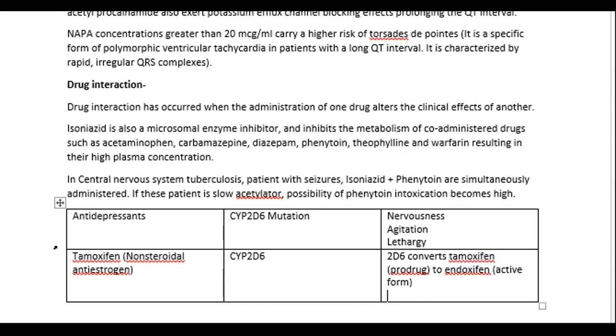If there is a mutation in CYP2D6, then it can't convert tamoxifen into endoxifen, which is the active form, leading to lower drug efficacy, and so the breast cancer can't be treated properly, right?